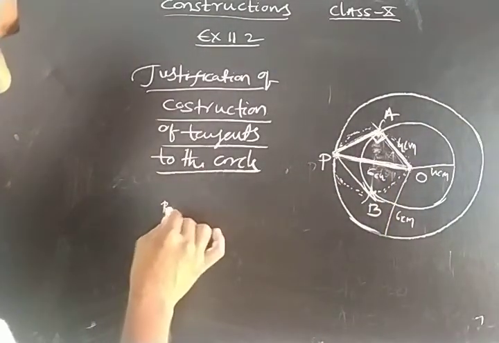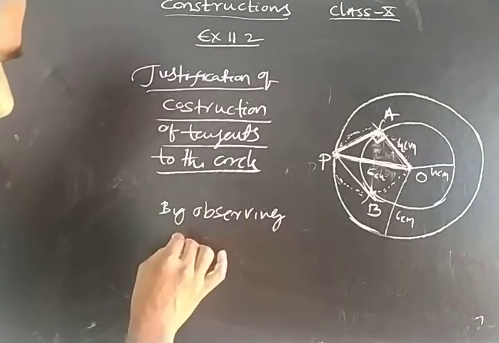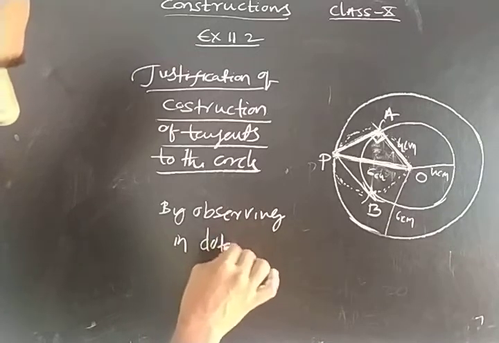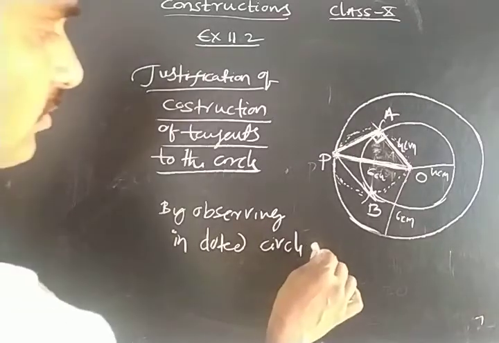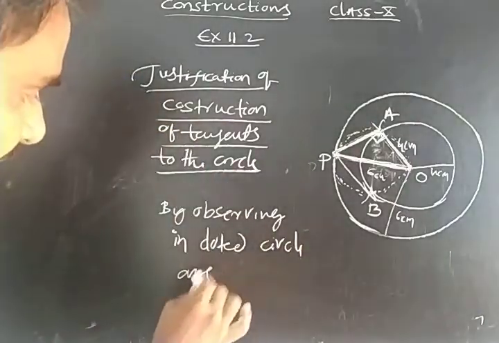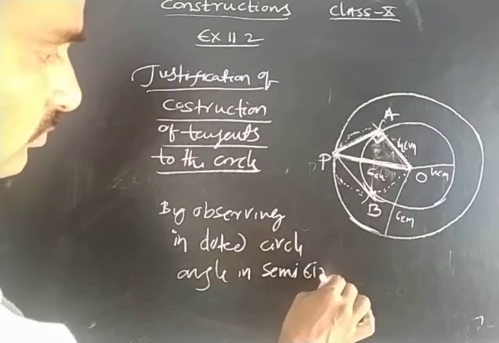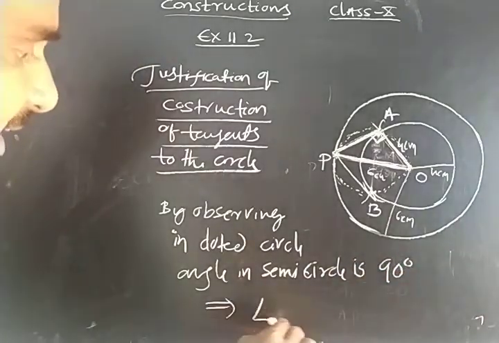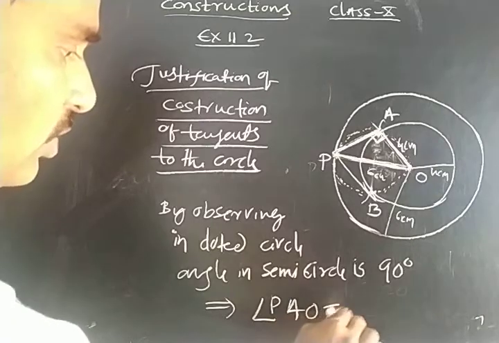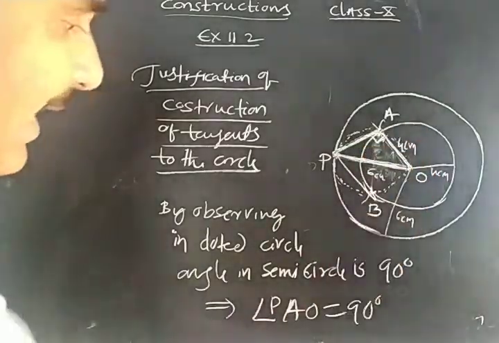So by observing the dotted circle, angle in semicircle is 90 degrees. So that implies angle PAO is equal to 90 degrees.